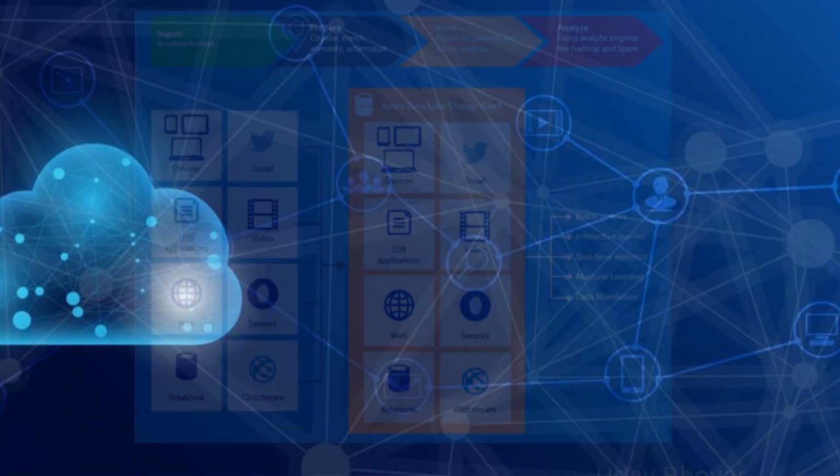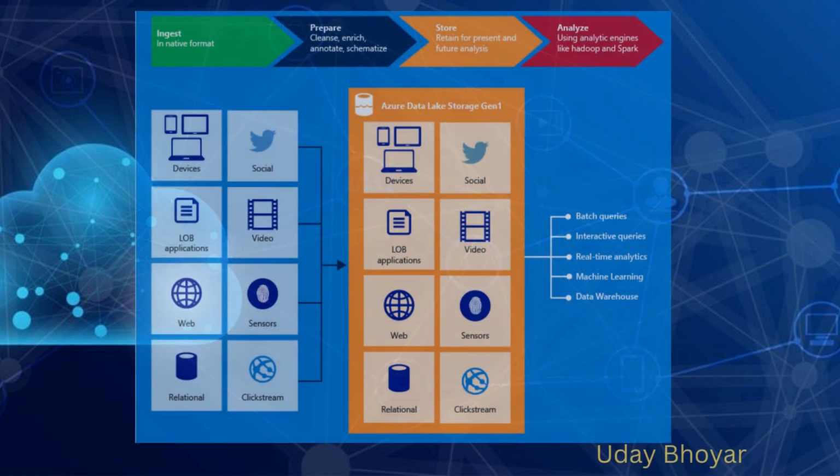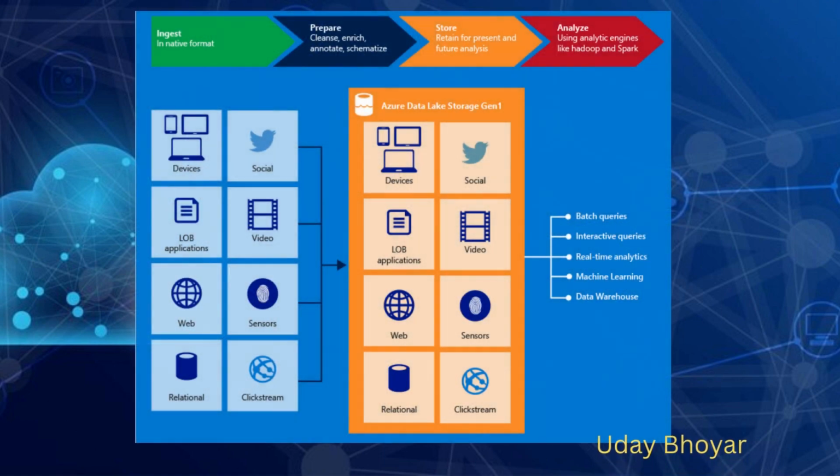Through this image, let's try to understand how Azure Data Lake Storage works. Suppose we have data that has been captured from various sources like devices, social media platforms, videos, sensors, and the web. This data from various sources can be stored in Azure Data Lake Storage, where it will enrich, clean, annotate, and schematize the data for present and future analysis.